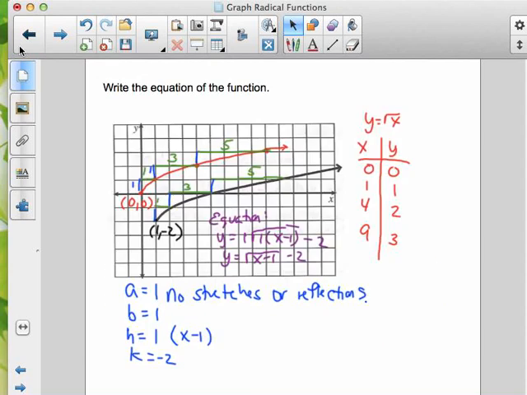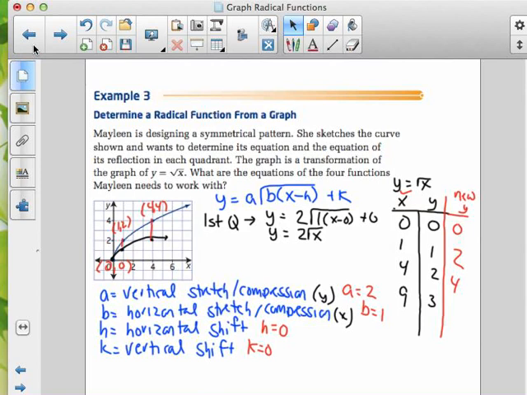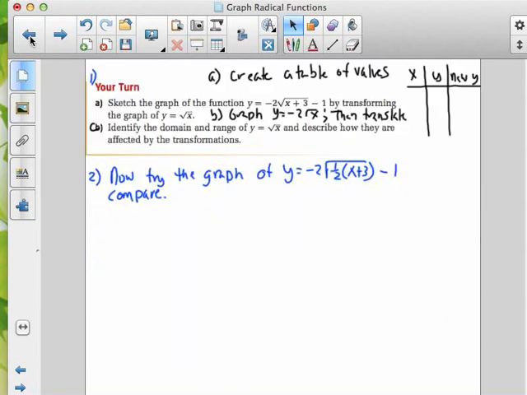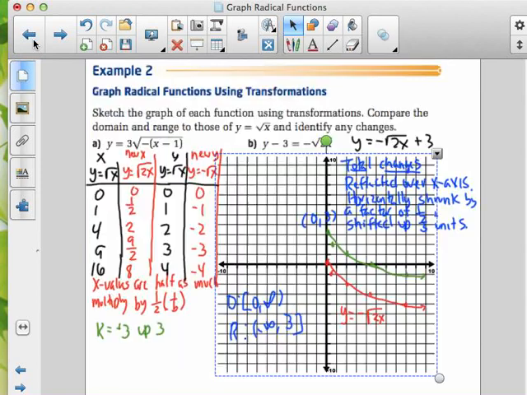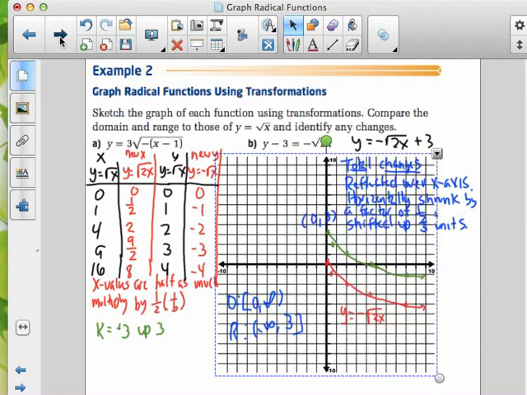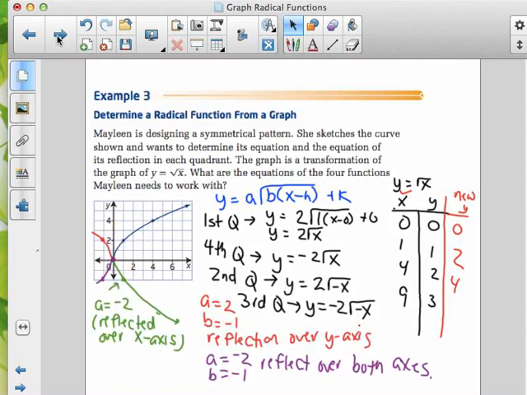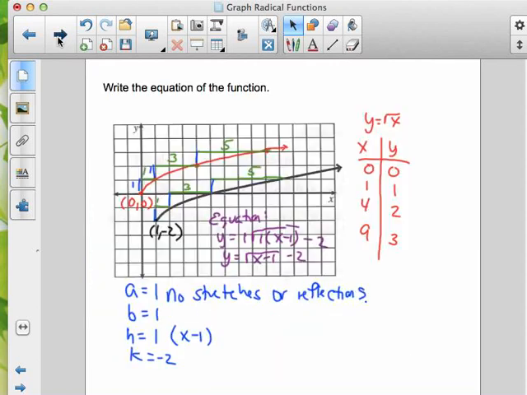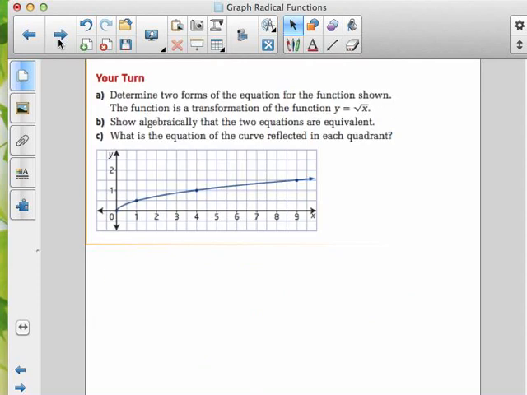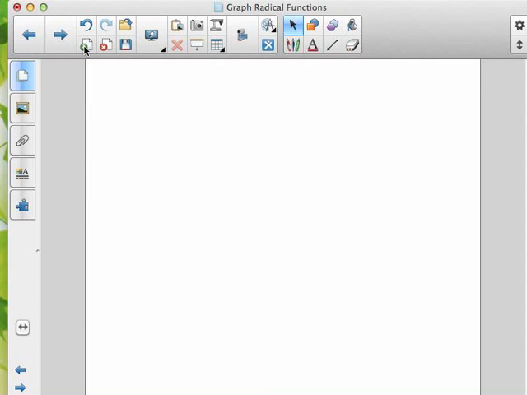But let's look at a change in B. And I'm just going to grab a coordinate plane, so I can graph one just so you can see changes in B a little bit more. It just seems like it's hard to find. Let's see if I can copy and move over.